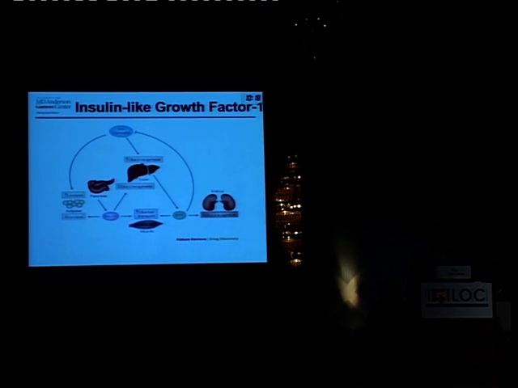So we looked into the insulin-like growth factor, which is mainly synthesized in the liver. Most of the circulating blood IGF-1 is synthesized in the liver, so it decreases sharply in cirrhotics and any chronic liver disease. A lot of studies looked into that, including patients with hepatocellular carcinoma.